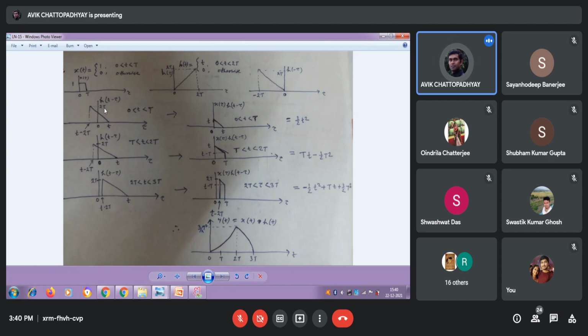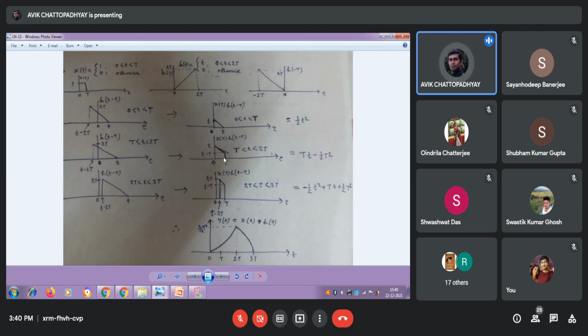At one end, it is okay, because ultimately you have to multiply this height by this height, so that will always be T. If you extrapolate this line following the same slope, it will touch here. But whenever it crosses T, this part goes beyond the window, so you have to discard it.